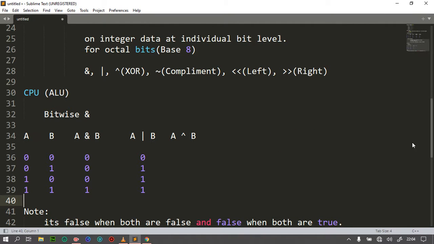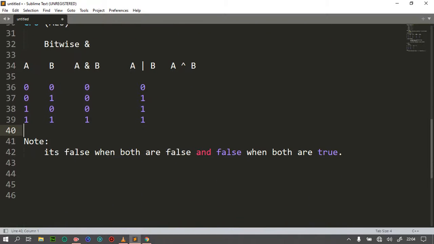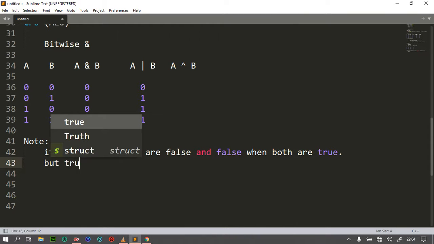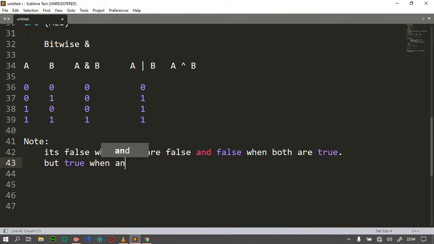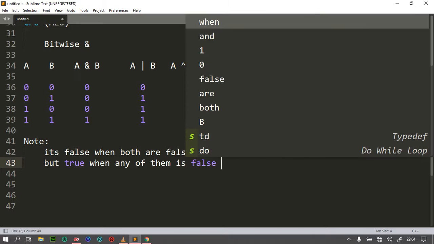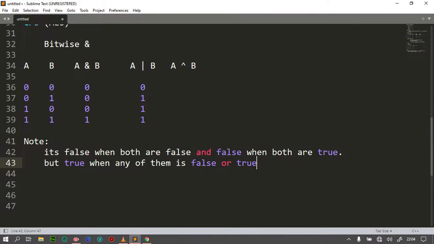I'm trying to make it a little more understandable. So when is it false? It's false when both are false, and false when both are true, but true when one of them is false or true.